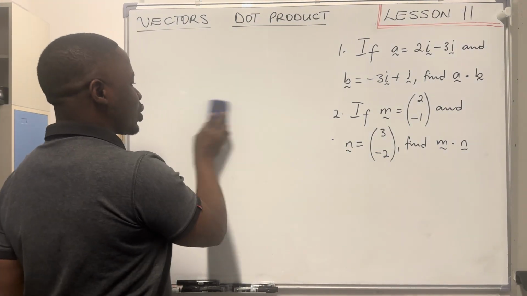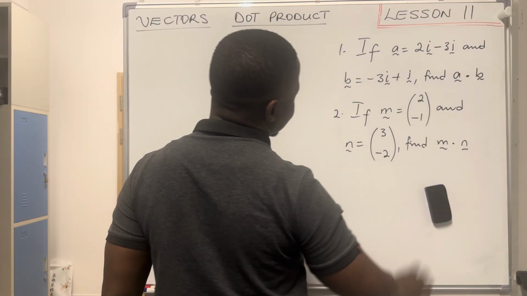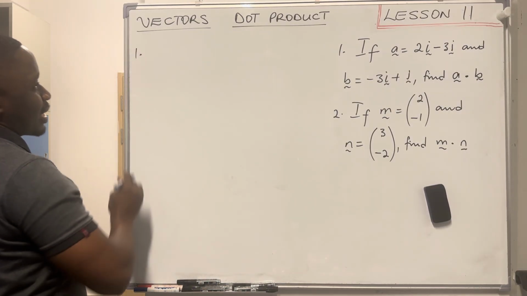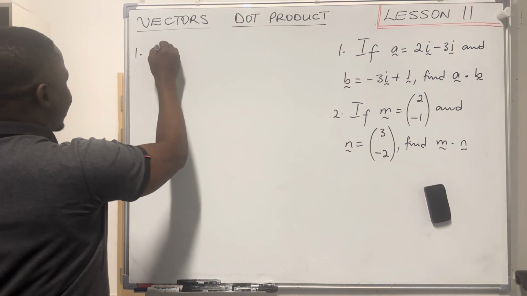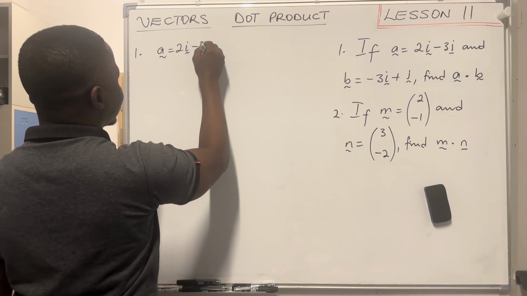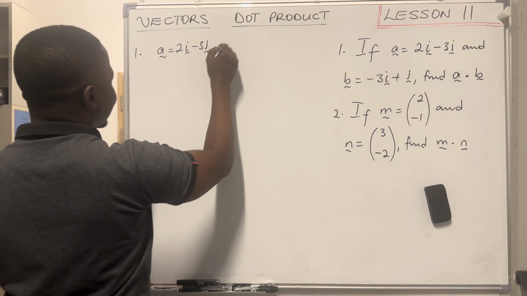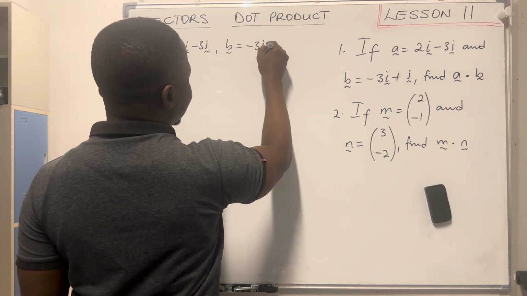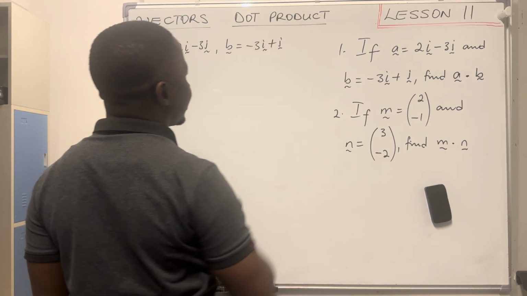Okay, so how do we find the dot product of two vectors? The first one, we are given A to be 2I minus 3J, and vector B is minus 3I plus 1J.